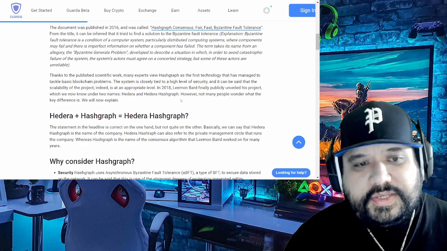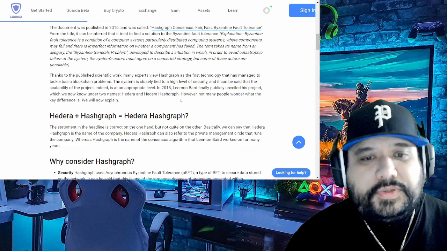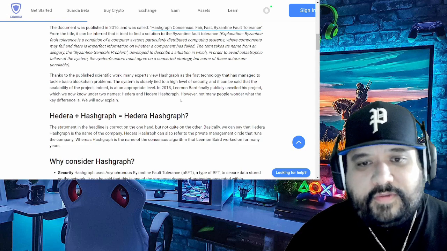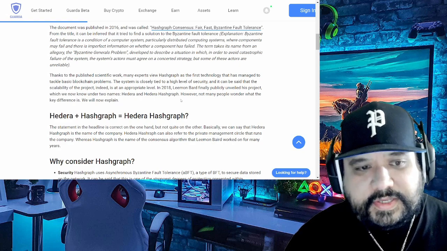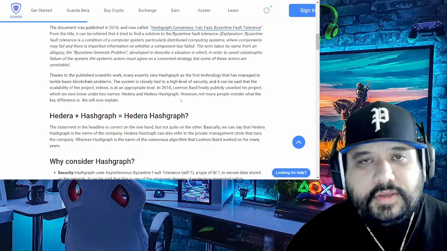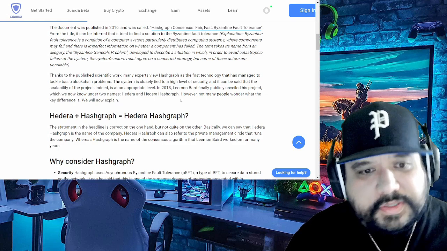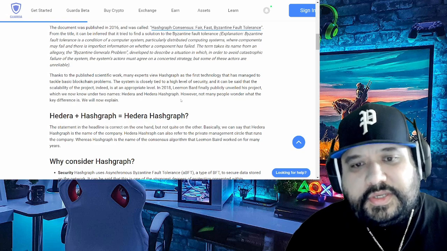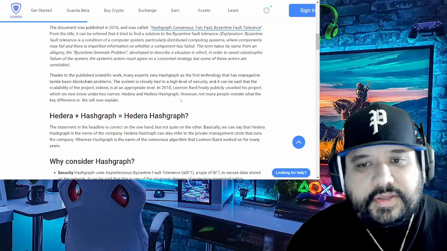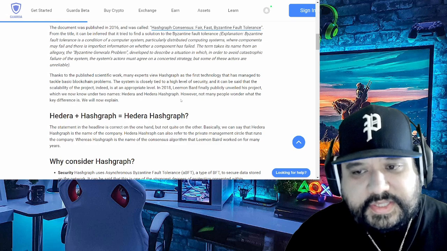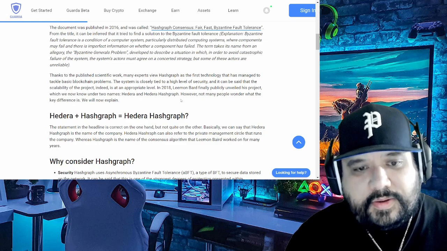Thanks to the published scientific work, many experts view Hashgraph as the first technology that has managed to tackle basic blockchain problems. It's one of the key things you need to understand, at least I wanted to. The system is closely tied to a high level of security, and it can be said that the scalability of the project is at an appropriate level.